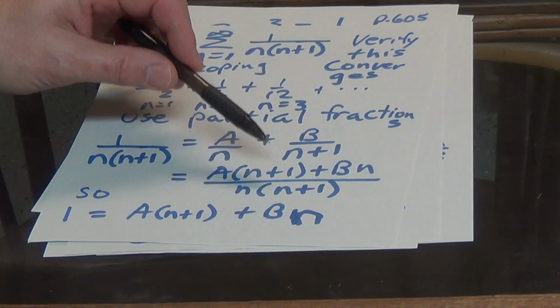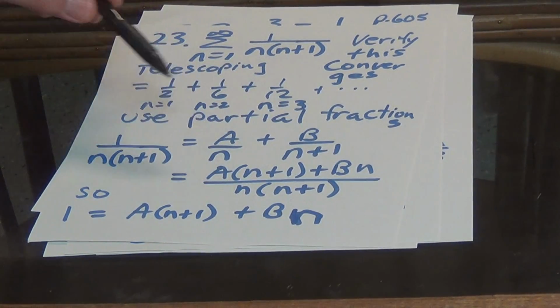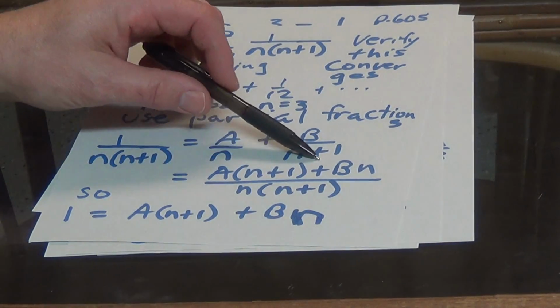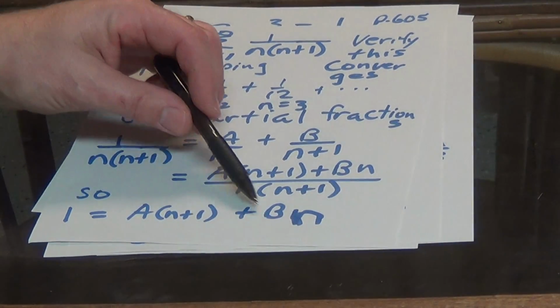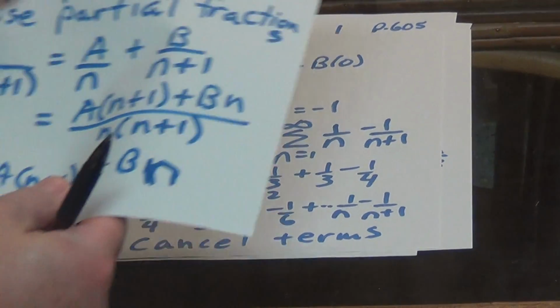Put these terms back together. Again, it's a cross pattern. And then you wind up setting the initial top equal to that top, which is where I get this equation right here at the bottom. Okay, remember that there were two magic numbers.